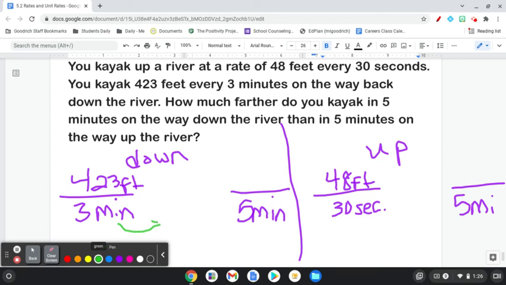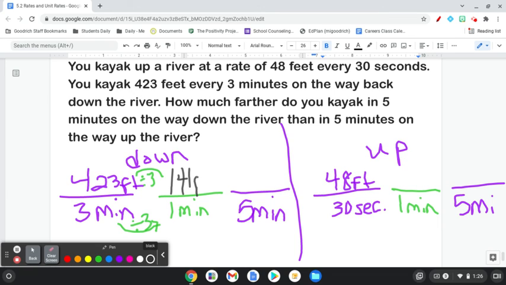So what I want to do is I want to figure out how much for 1 minute first. And then I can grow. So to get from 3 to 1, I'm going to divide by 3. That means I got to do it on the top as well. 423 divided by 3 is going to give us 141 feet per minute.